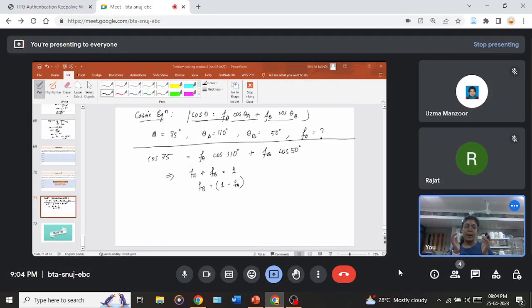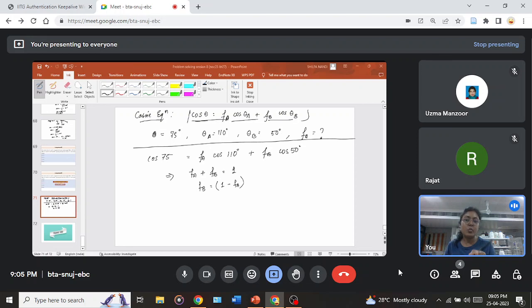In the mixed surface, the sum of both fractions is actually 1. Okay. So Fa plus Fb would be equal to 1. So we can write Fb as 1 minus Fa. Isn't it?